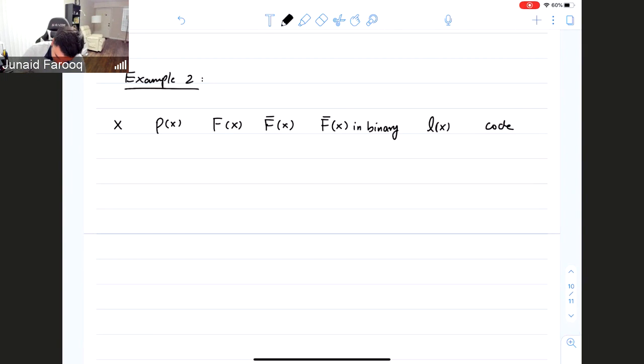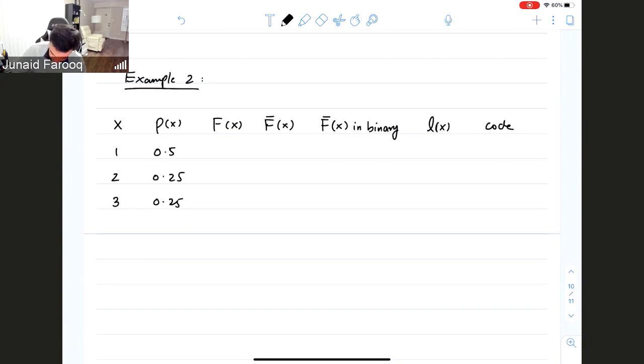So we just have three symbols here. The probability is 0.5, 0.25, 0.25. Okay. So the cumulative is very simple.